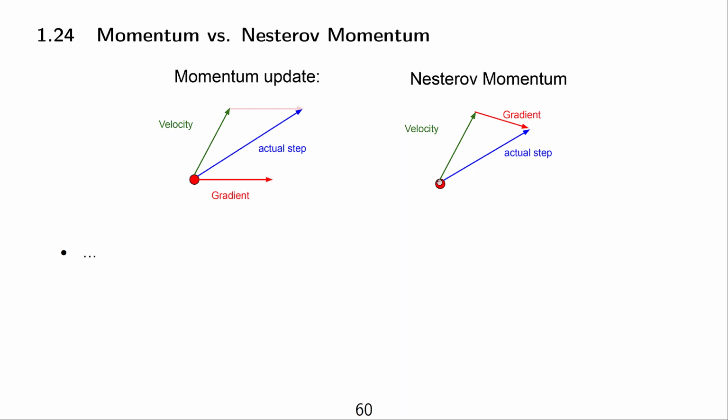Now in Nesterov momentum, you're taking a step in the direction of the velocity, and then at this new point you're estimating the gradient to make a step.